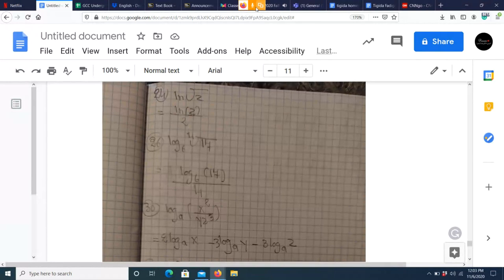Okay, you need one intermediate step between your first line and the second line. Something very crucial is missing. How did the fourth root of 17 become the denominator of log 6 of 17? That's one very, very crucial, important step.